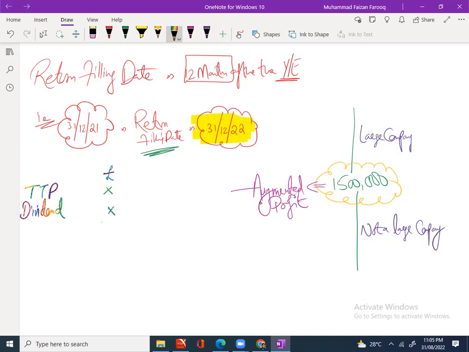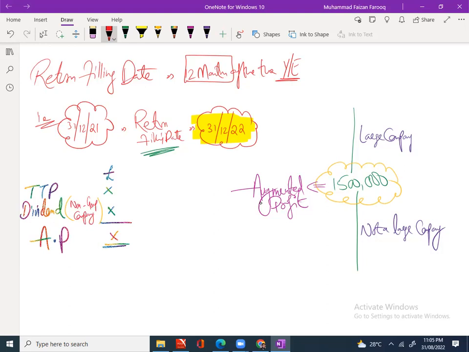We just add TTP and dividend. The answer will be known as AP, and AP is my augmented profit. There are two types of dividends: one from group companies and another from non-group companies. Non-group company means one in which we do not have any investment.